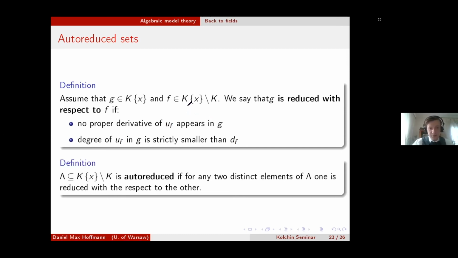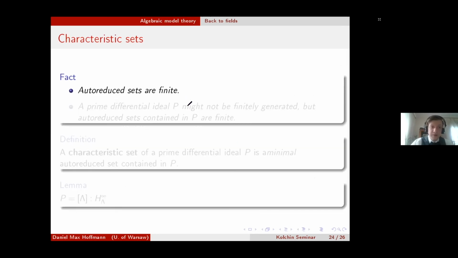And if you have a subset of these formal differential polynomials, it's called auto-reduced if for any two distinct elements, one is reduced with respect to the other. Okay, so let me move on. And what is important here: auto-reduced sets are finite.